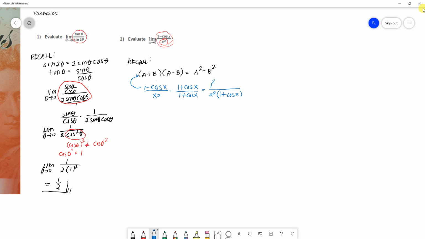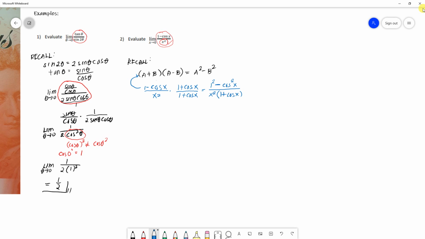Okay, positive times negative is negative. So, negative times positive, unlike sign, parang ganun yung idea nun, is negative. B times B is B squared. Cosine x times cosine x is cosine squared x. So, again, pwedeng cosine x tapos naka-open and close parenthesis tapos naka-squared. So, it's up to you.